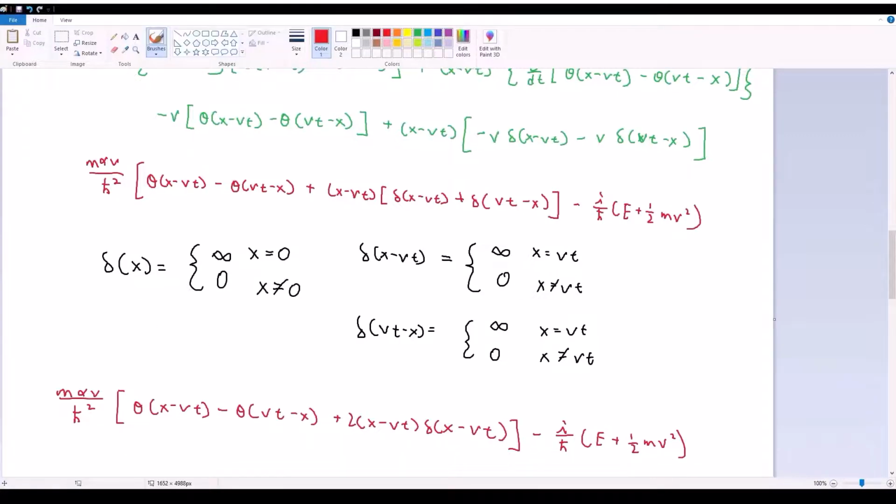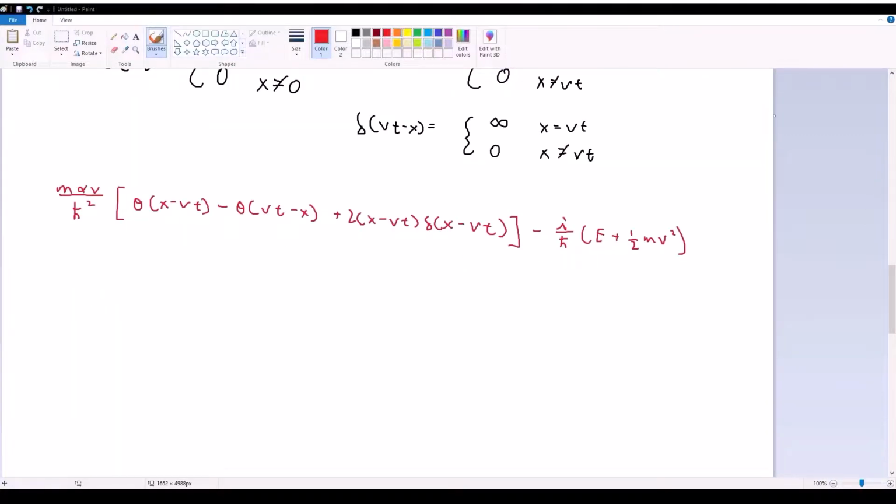So at this point, we can once again take advantage of the math a little bit and recognize that this 2 times x minus vt times the Dirac delta of x minus vt term is always just going to be 0, because in the case where x doesn't equal vt, the Dirac delta function is going to equal 0, and it's going to make everything in this expression 0. In the case where x is equal to vt, although the Dirac delta jumps up, the x minus vt term is now equal to 0, so that cancels out everything.